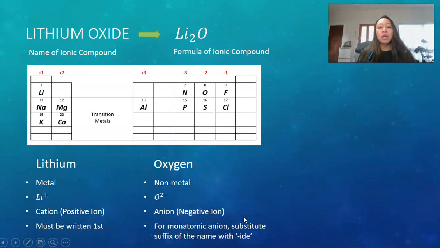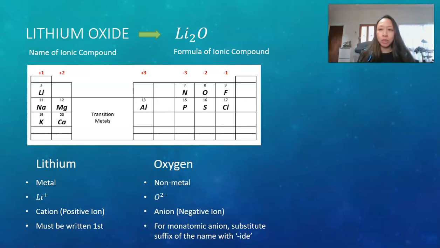It has to be written second, and because it is also a monatomic anion, it means that it has only 1 atom. So we have to substitute the suffix of the name oxygen with -ide. So oxygen becomes oxide. Lithium and oxygen will combine together to form lithium oxide.